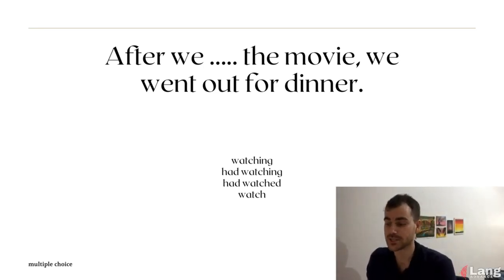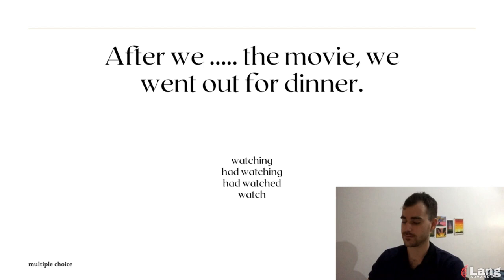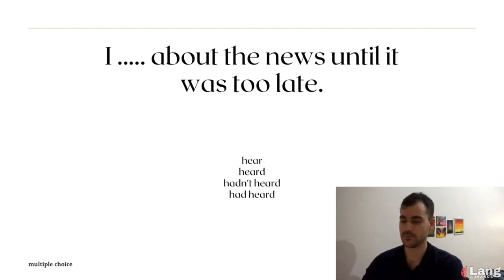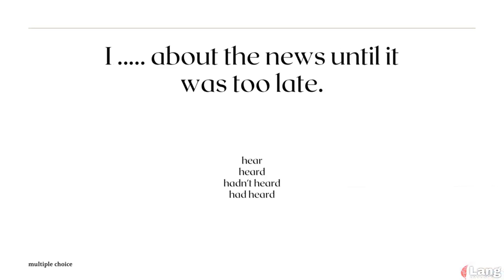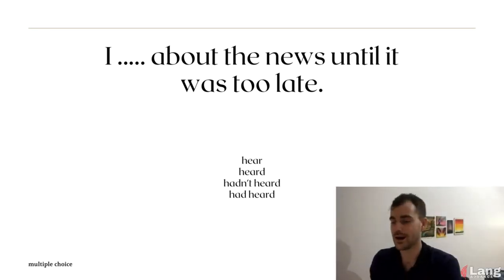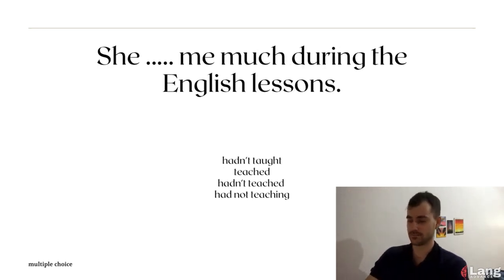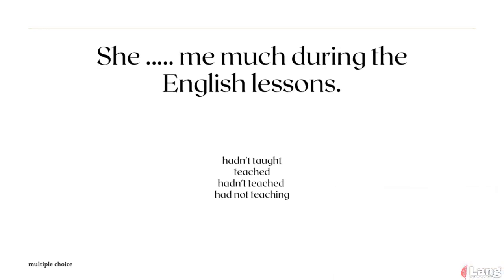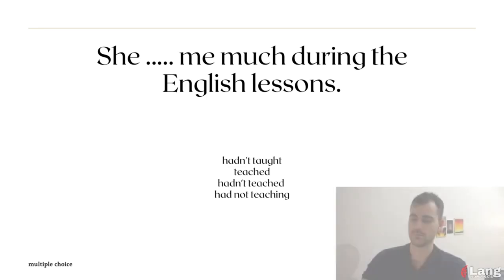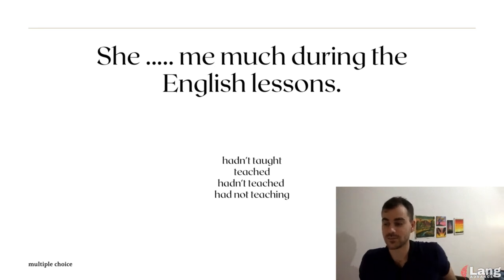After we had watched the movie, we went out for dinner. I hadn't heard about the news until it was too late. She hadn't taught me much during the English lessons.